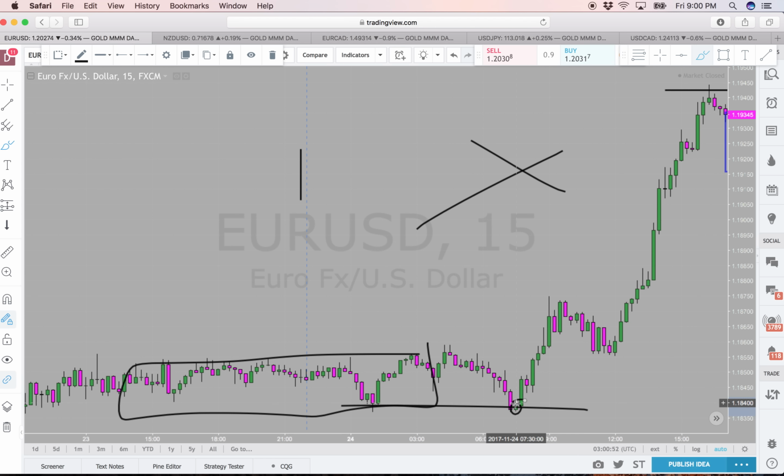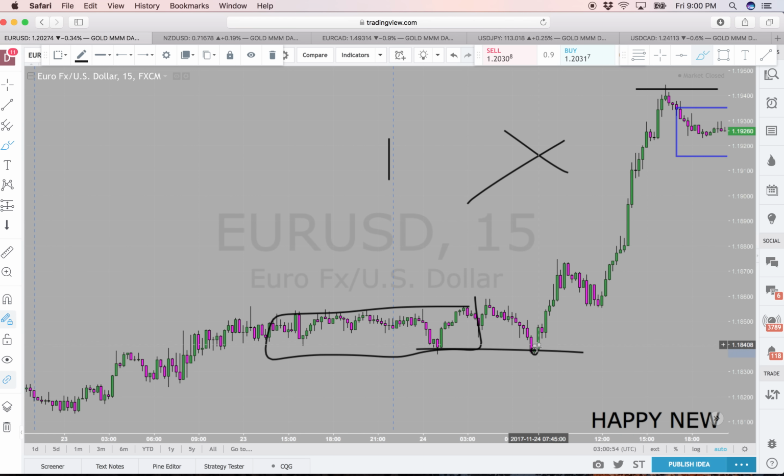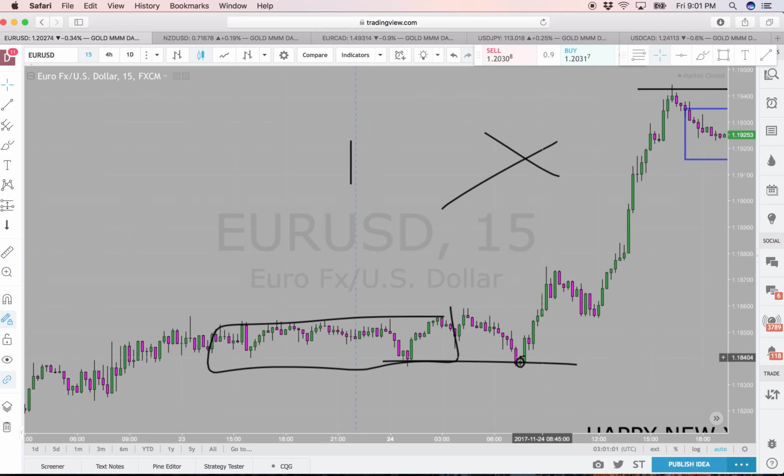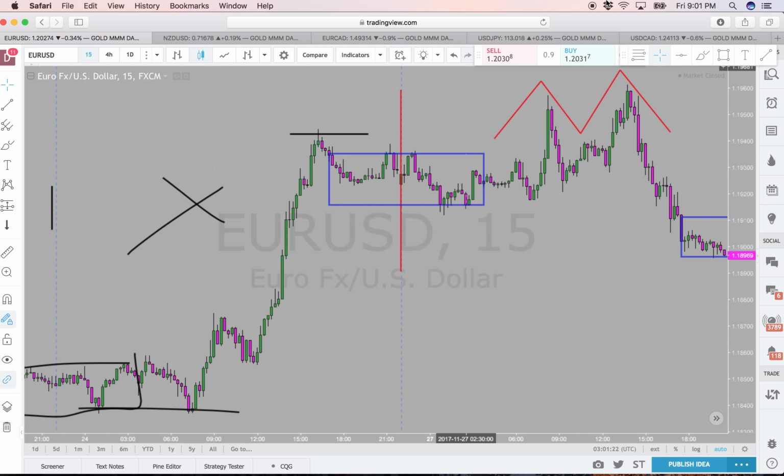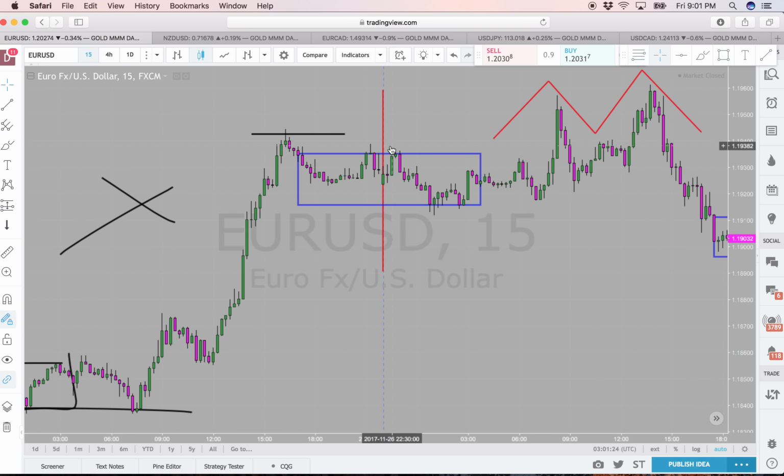That not only confirms to retail traders that it is a sell, but that also is a confirmation to a lot of trading EAs and robots that people have programmed to set as a confirmation of a breakout, a candle opening below the low of the day or of the previous day's high, like we're going to see here.